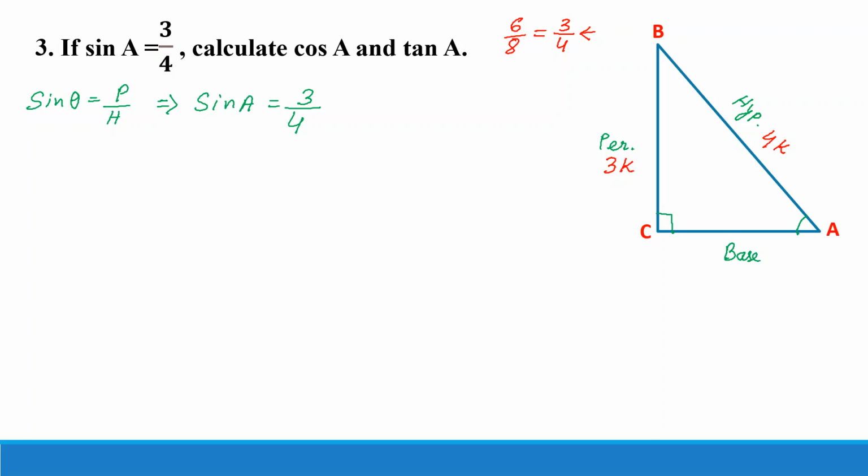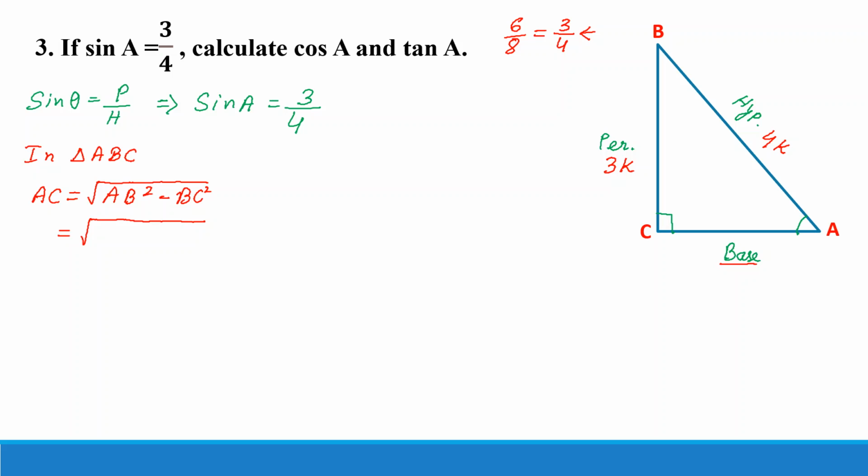So now we again use Pythagoras theorem in triangle ABC. If we use Pythagoras theorem to find the base, that is AC, then AC will be equal to square root of AB square minus BC square. Let's simplify it by putting their values.